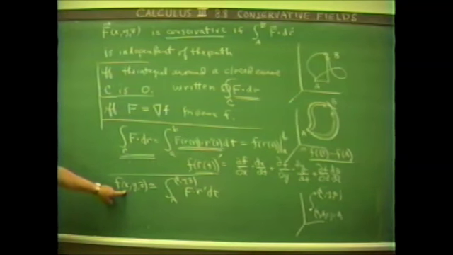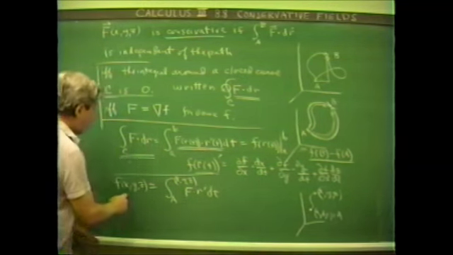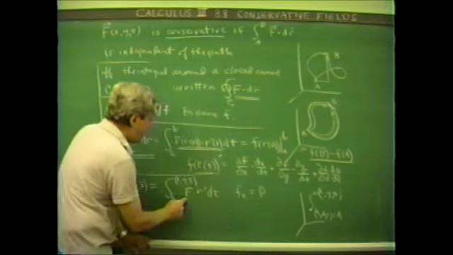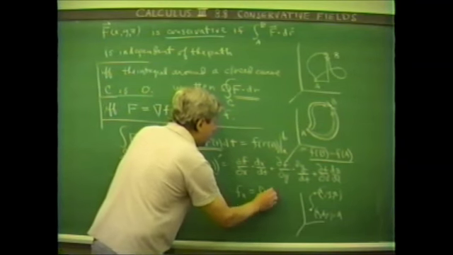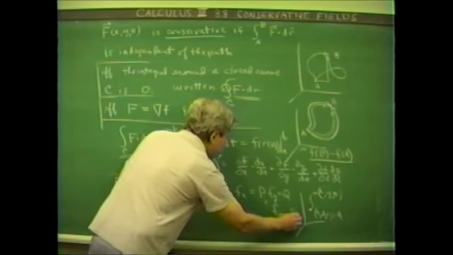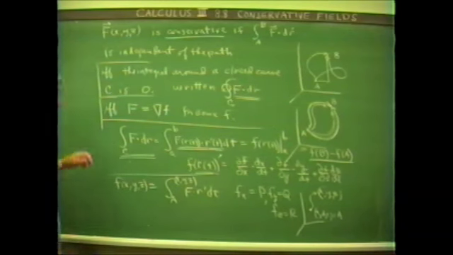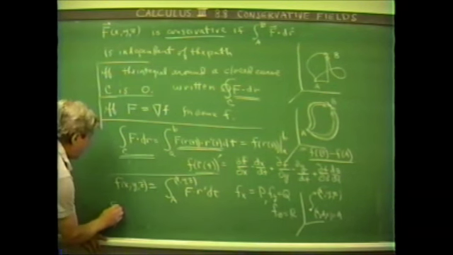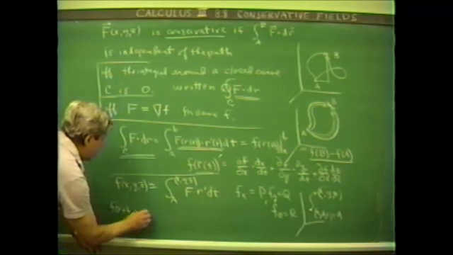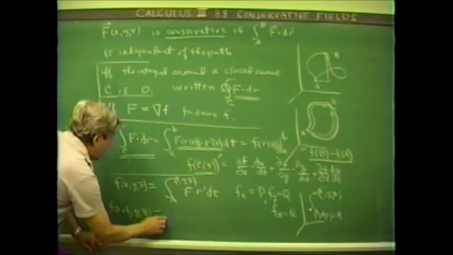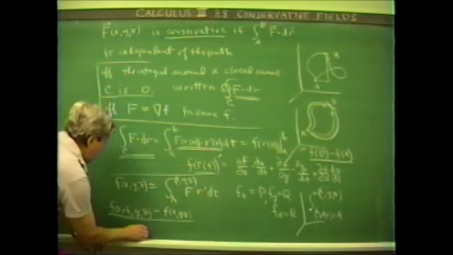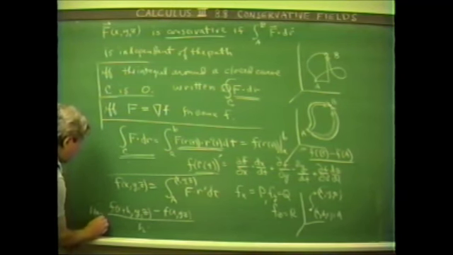Now, it is not difficult to see that the partial of f with respect to x is the P part of F, the partial of f with respect to y is the Q part, and the partial of f with respect to z is the R part of capital F. One simply computes, by the definition, f of x plus h, y, and z minus f of x, y, and z, divided by h, in the limit as h approaches 0.